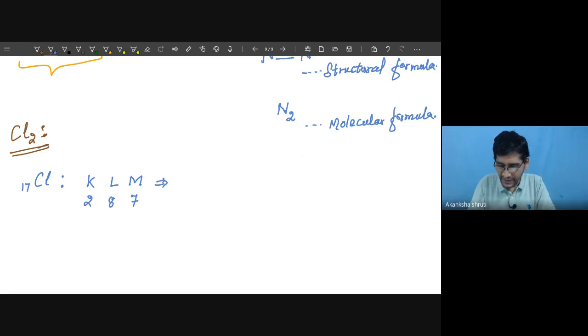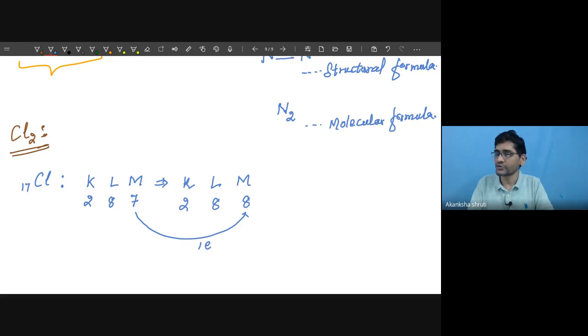These atoms tend to reach K 2, L 8, and M also has to attain 8. To reach from 7 to 8, 1 electron is required to be shared or gained.